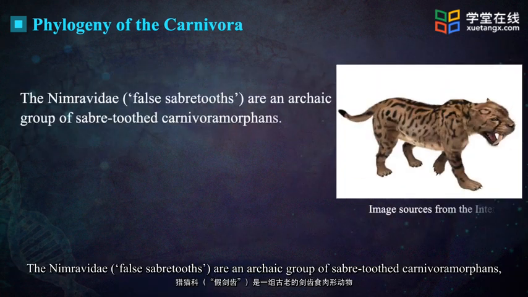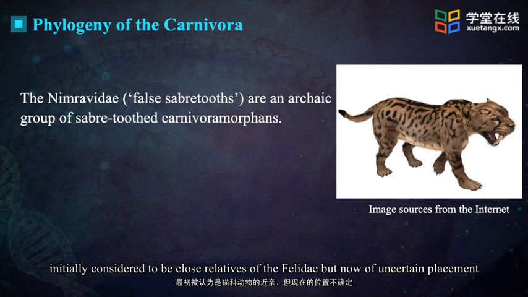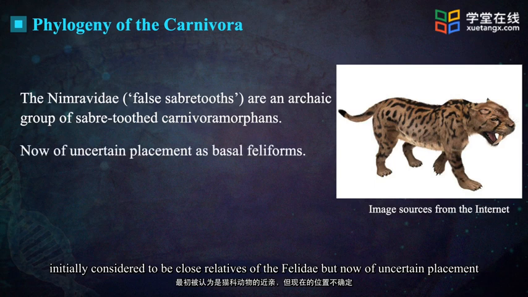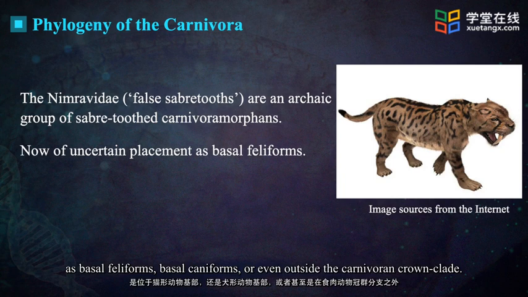The Nimravidae, false saber-tooths, are an archaic group of saber-toothed carnivoromorphans, initially considered to be close relatives of Felidae, but now of uncertain placement as basal feliforms, basal caniforms, or even outside the carnivoran crown clade.